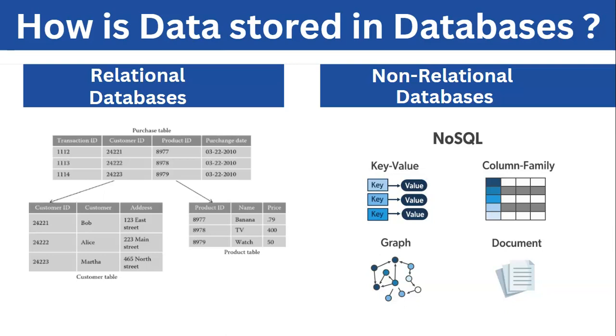When we are storing multiple tables, the same example we have seen earlier, we have these tables. In this table, let's suppose you don't have the customer table or product table, you just have a purchase table.